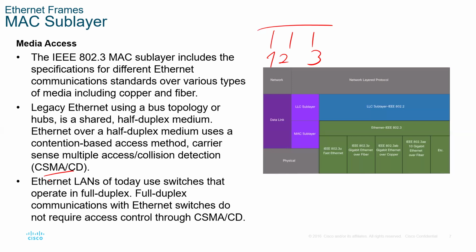So our networks have evolved from having this to now using switches, which are intelligent devices, which allow us to send and receive information simultaneously. So we have moved from half duplex shared mediums to full duplex, which highly improves the performance of the network, and basically that's it.